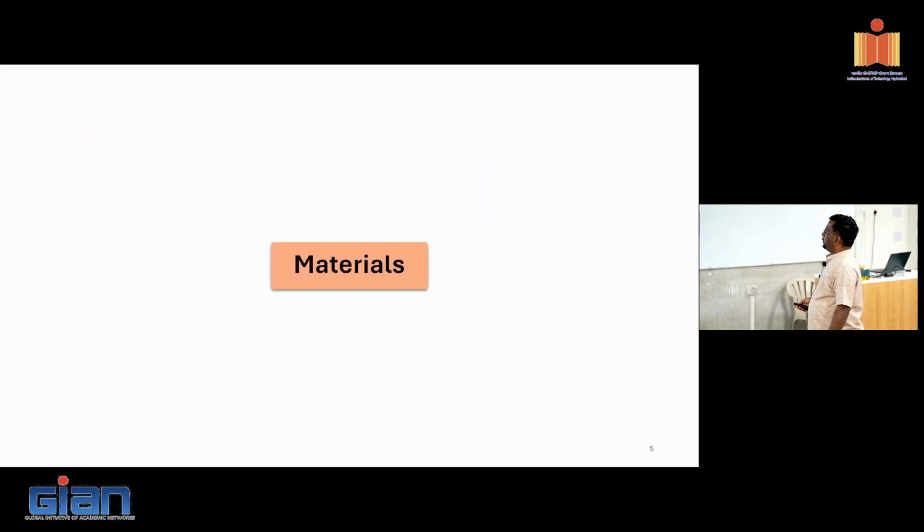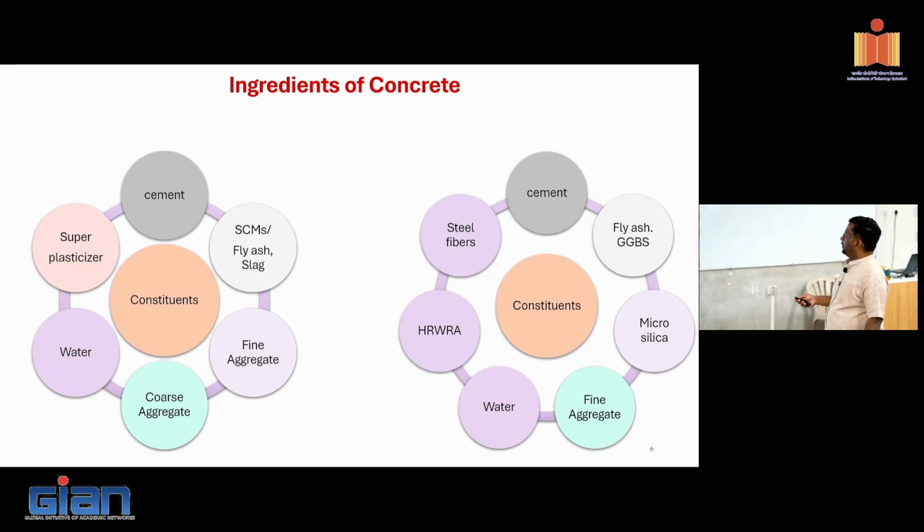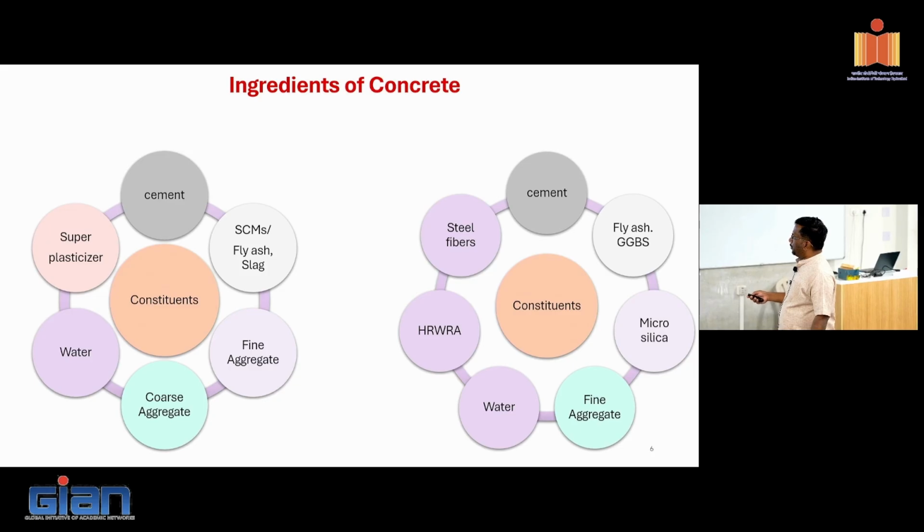Right, so material aspects. As you know, broadly the constituents of concrete: of course you have cement, which is a binder, which we also call a glue, that is going to glue all the things together, right? And in modern day construction, we try to use a lot of supplementary cementitious materials like fly ash and slag. Fly ash comes from thermal power plants. From the energy point of view, 70% of the energy still comes from thermal.